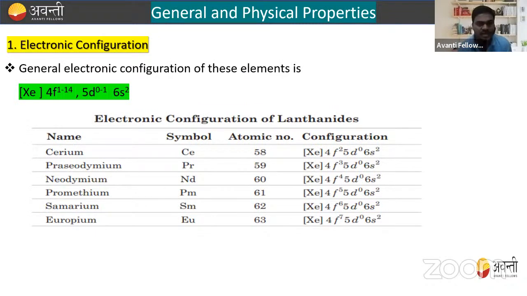Like the d block has 3d, 4d, 5d and 6d series, which is incomplete. Similarly, the f block is classified into two series, 4f and 5f. The general electronic configuration of the 4f series is Xenon 4f1 to 14, 5d either 0 or 1, and 6s2, right?